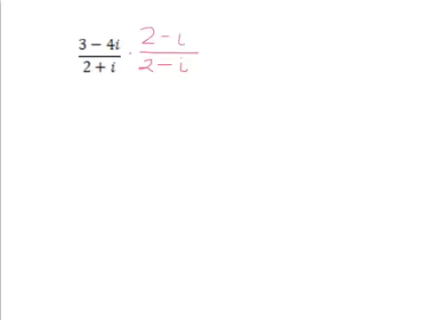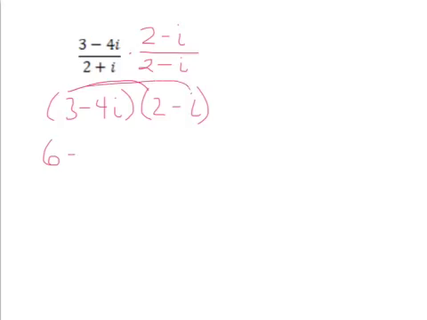Now, for my numerator, I'm going to have 3 minus 4i times 2 minus i. Now, let's FOIL that out, and then we'll do the rest of our work over in this area when we're putting it all together. So I'm going to FOIL the numerator. I get 6, these two multiply together. Now those two, minus 3i, minus 8i and plus 4i squared.